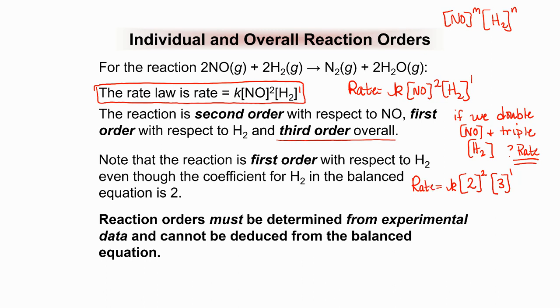So 2 squared is 4 times 3 to the 1, which is 3. So 4 times 3 is 12. The rate will increase 12 times, 12 times k, essentially. So we're just treating the orders as exponents. They're just exponents, okay?